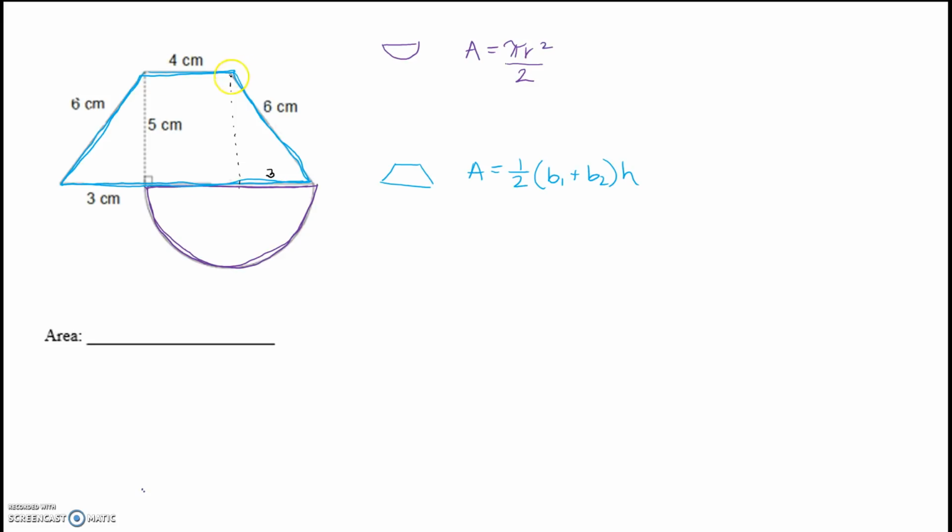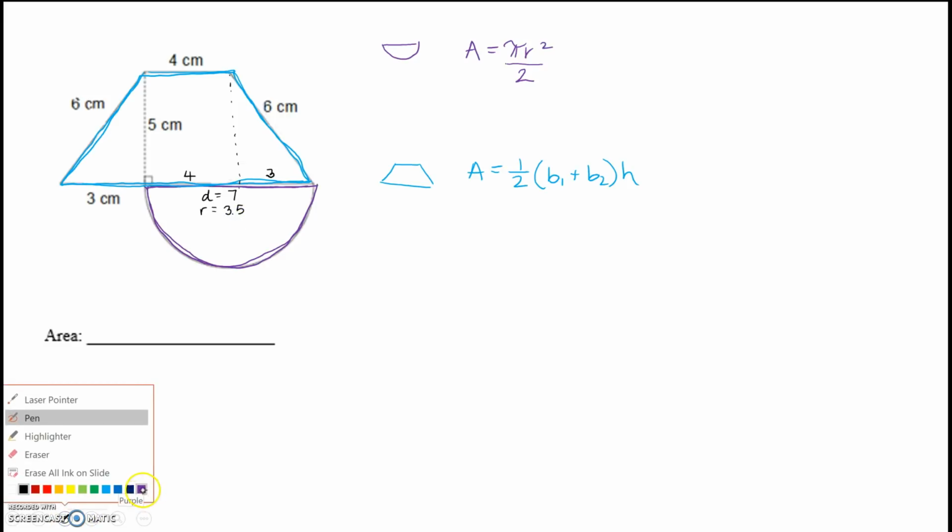So if this side of the rectangle is 4, then this side of the rectangle is 4 as well. Okay? So that means my whole diameter is 7. So if my diameter is 7, then what is my radius? My radius is half of my diameter. So radius is 3.5.